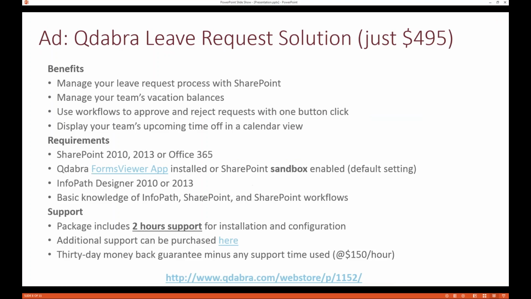So that's how that works. The solution has been developed and has some features like that, so it's not as simple as you may think. It also has a workflow for sending the emails and other things. So that's the leave request solution.